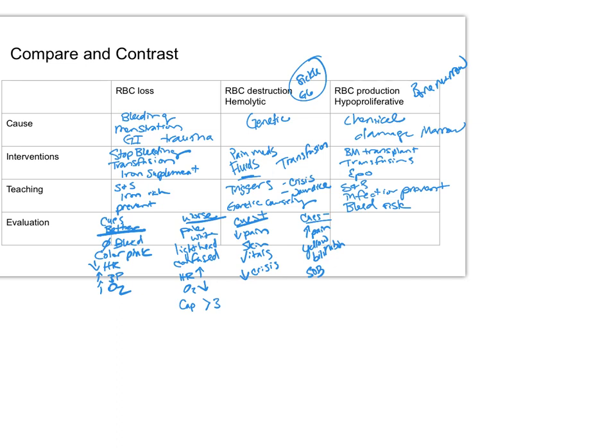Same thing, we're gonna monitor our labs. Increased red blood cells, increased hemoglobin and hematocrit tells me that we're doing better. Our labs, our signs and symptoms, the color of their skin. Symptoms such as shortness of breath and fatigue are all going to be helpful.